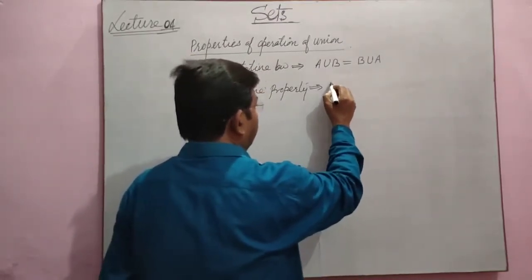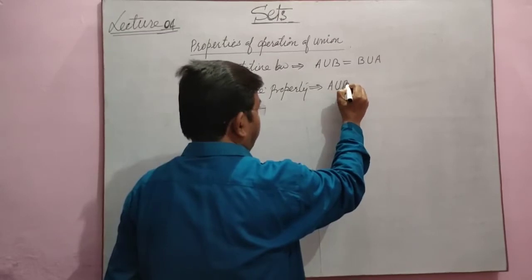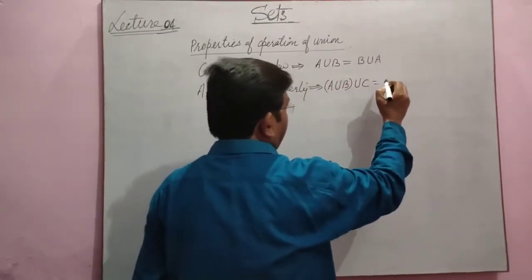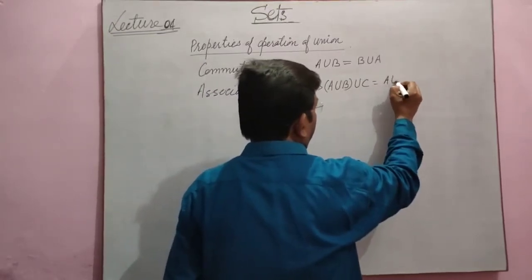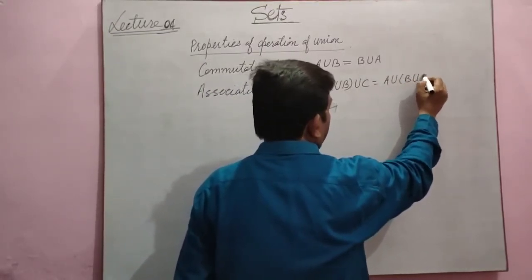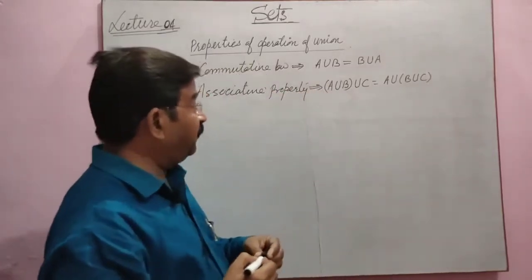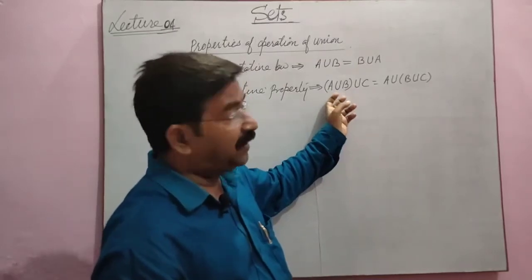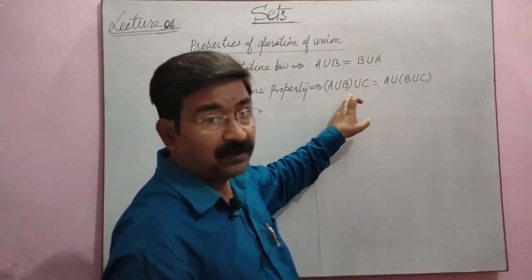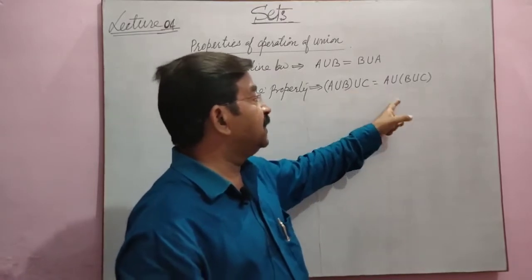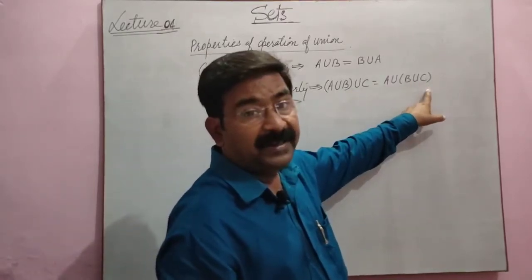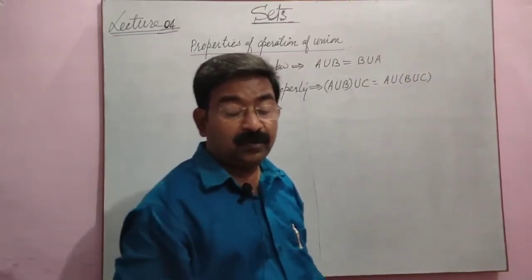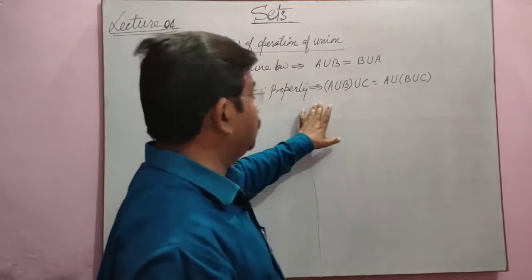If we have (A union B) union C, it is the same as A union (B union C). It means if we first find the union of A and B and then find its union with C, that will be the same as the union of B and C and then its union with A. This is called the associative law.